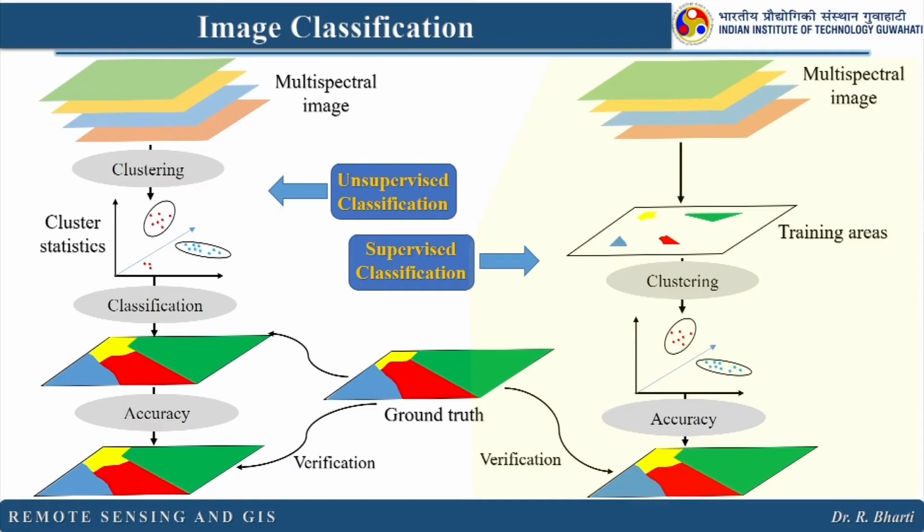So here I hope you remember in unsupervised classification what we used to do, we used to generate the clusters based on some physical laws. In case of supervised classification, we used to provide the information and based on that the algorithm will generate clusters and ultimately each pixel of the input image will be classified into those classes.